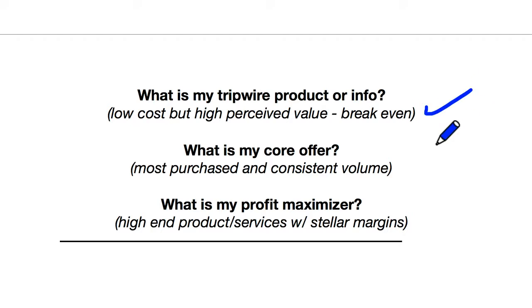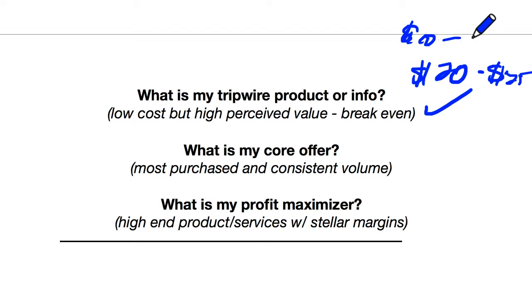Okay, and you're okay with breaking even. Like if it costs you $20 to deliver something and you're charging $25, you're okay with that. Or if it costs you $10 and you're getting a conversion for every $12 spent, you charge $30 on the front end just to cover your cost. All right, you're not really trying to make a lot of money here. You're just trying to get customers.